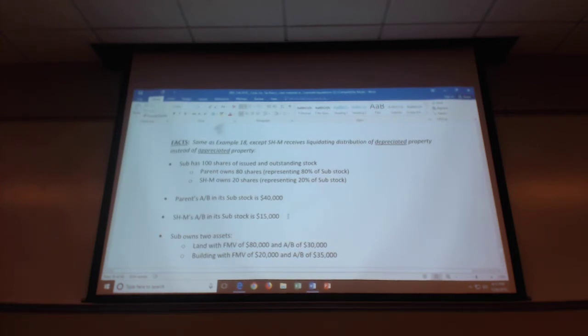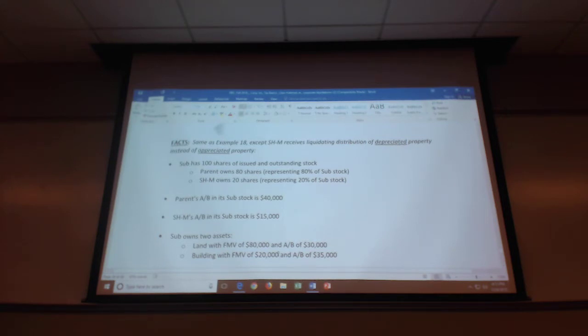In this example, we assume that the subsidiary has 2 assets: land with a value of 80,000 and a base of 30,000, and a loss asset, a building with a basis of 35,000 and a value of 20,000.